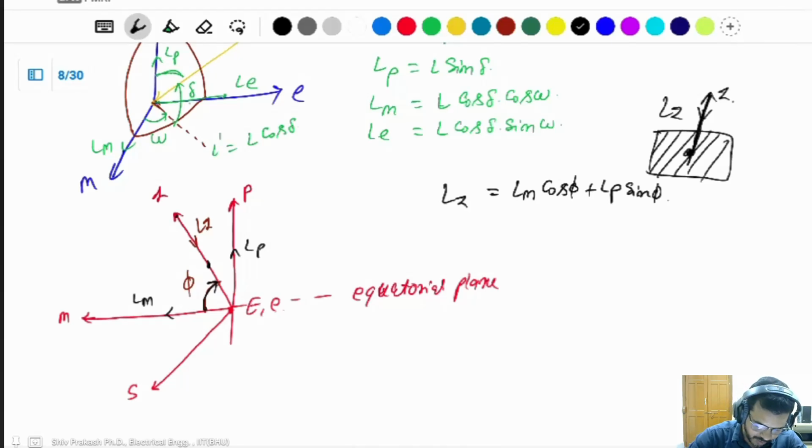Okay, the projection of the meridian axis insulation and polar axis insulation on the zenith axis, because the zenith axis insulation is the same as the effective insulation on the solar plate. That's why I want to calculate this one. This will be LM, we already calculated this one: L cos del into cos omega, plus LP into cos phi.